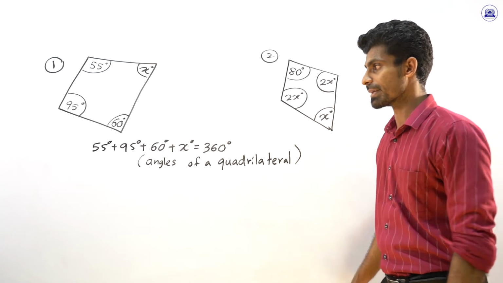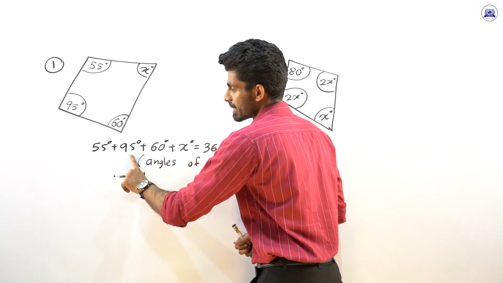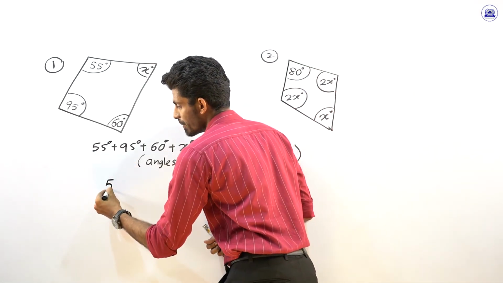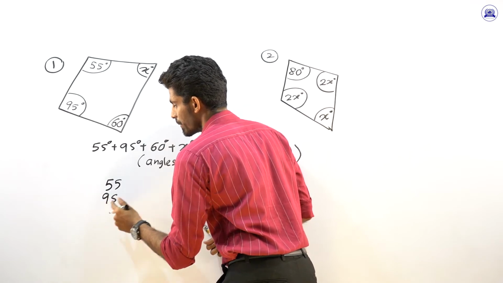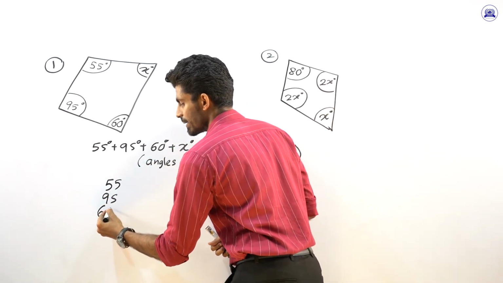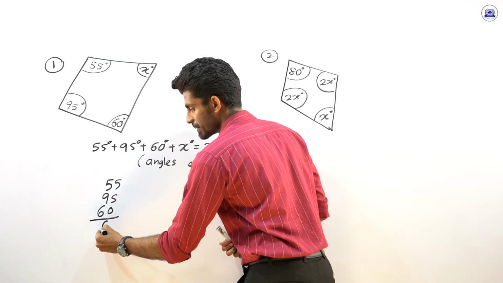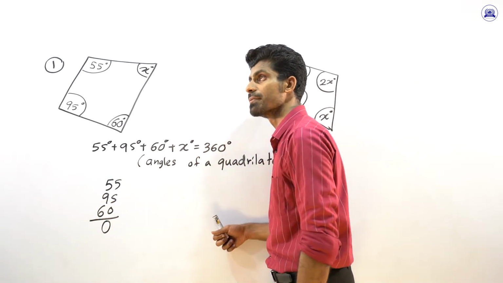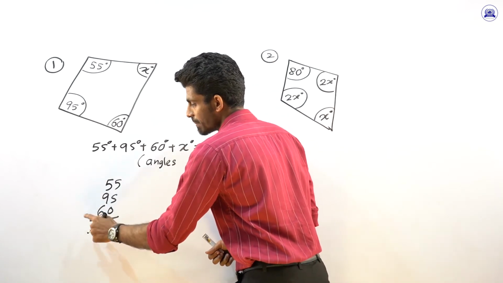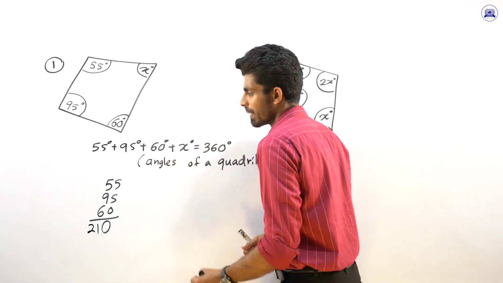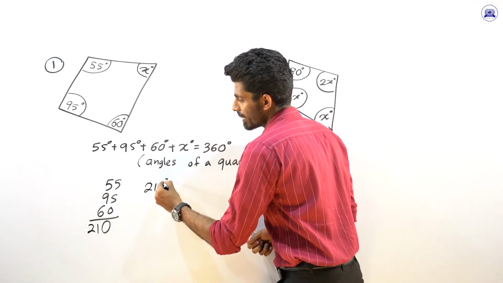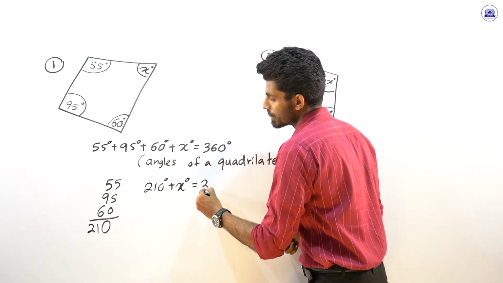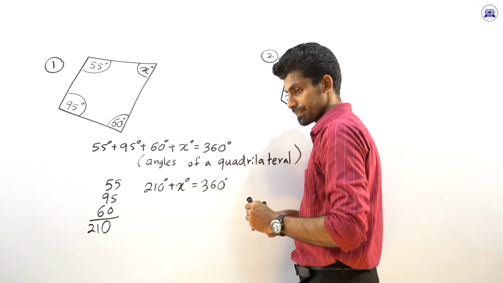Angles of a quadrilateral: 55 plus 95 plus 60, all together 5 plus 5 is 10, remaining 1, 6, 6 plus 9 is 15, 15 plus 6 is 21. So 210 plus x equals 360.